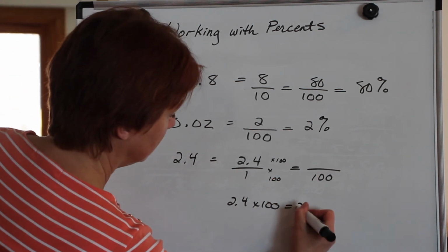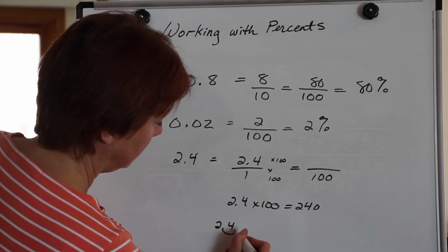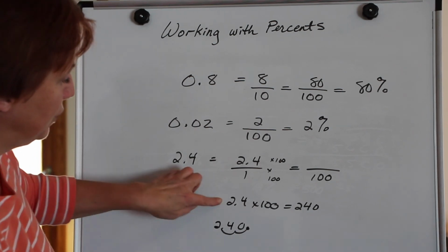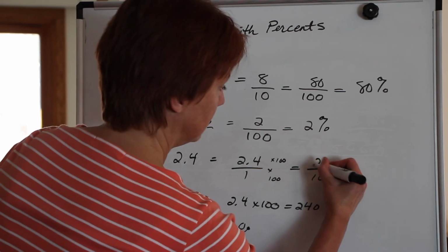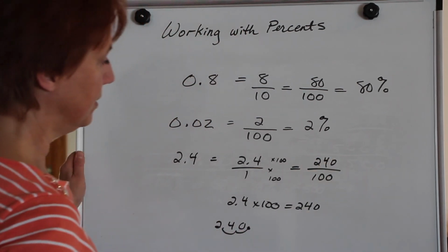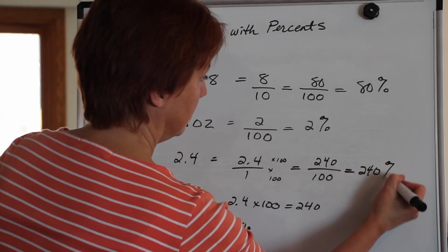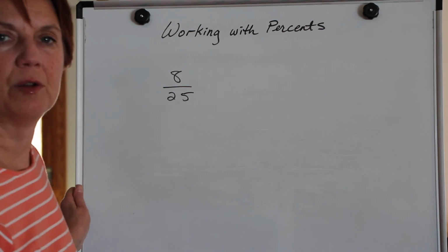So this is equal to 240, right? So 2.4, 2 units, that's your new decimal location. So 2.4 times 100 is 240. So that's what the number on 100 is. And so 2.4 is 240%.